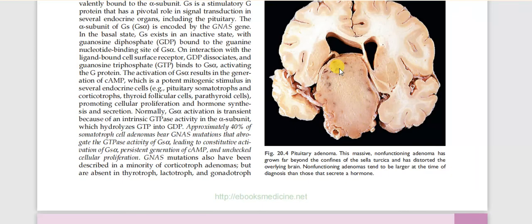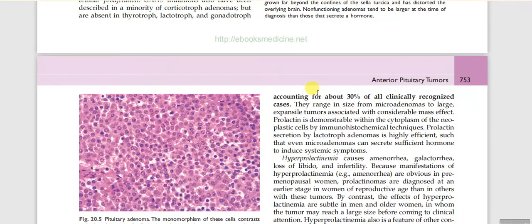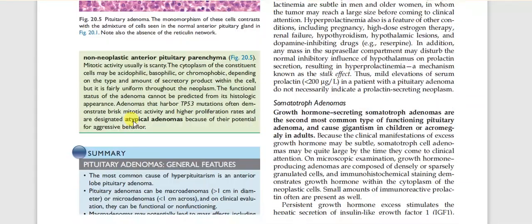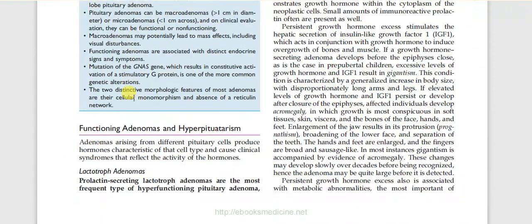These delicate tumors can rupture and cause a little bleeding. These are small areas of apoplexy of the tumor, but it's not urgent to remove it. This is the general features of adenomas.